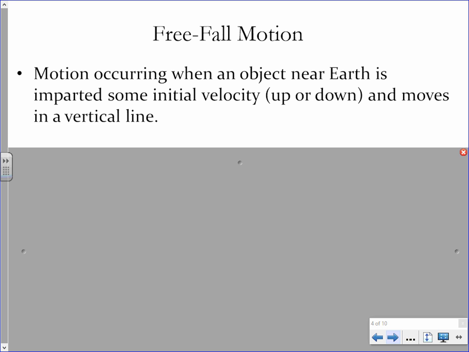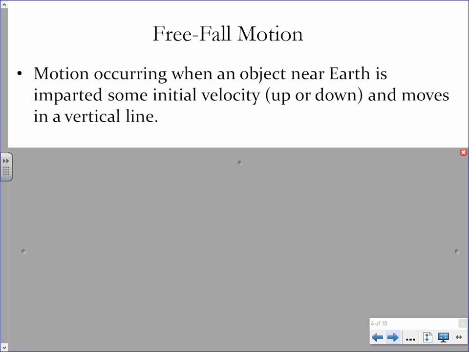So, first of all, we're talking about a motion that is really just down, but we're going to talk about up and down motion instead of left and right. This is the only situation, free fall motion, where we will talk about position being up or down as opposed to left or right. Okay?